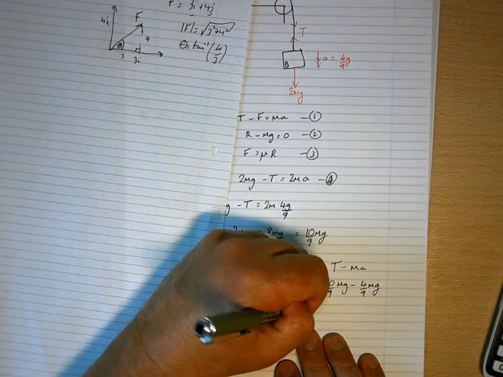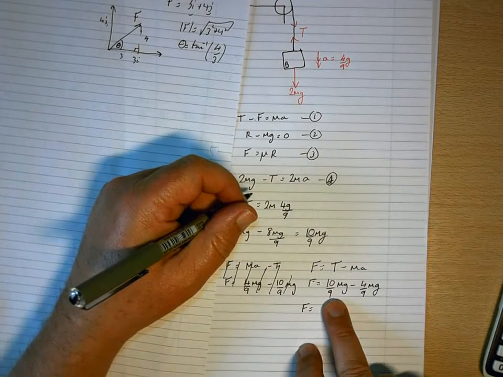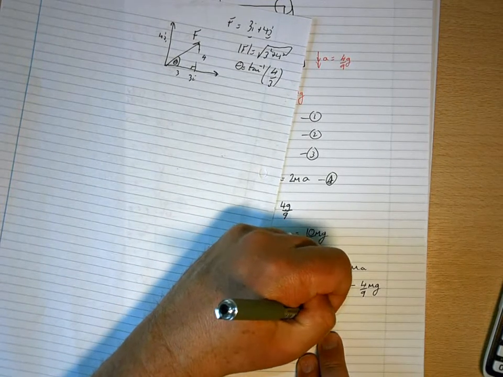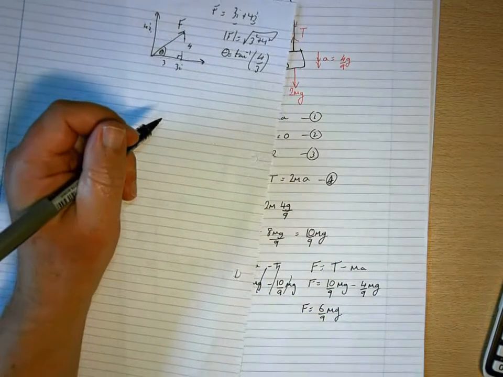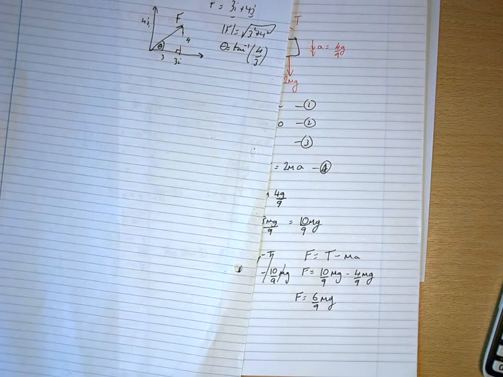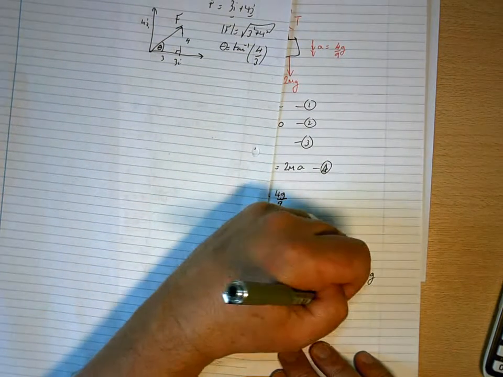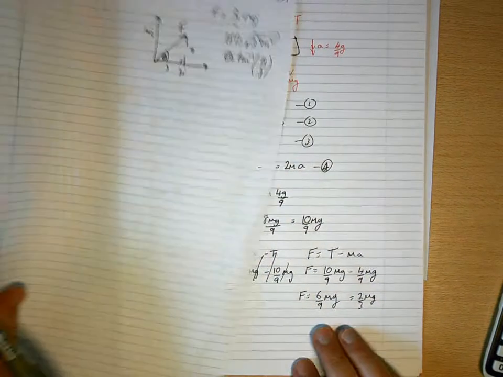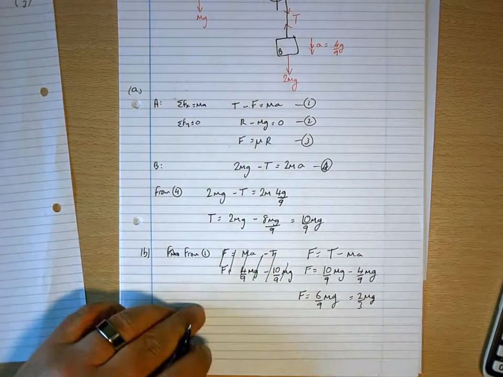So the frictional force is going to be 10/9 take away 4/9, which is 6/9, and 6/9 is the same as 2/3. So the frictional force is 2/3 mg.